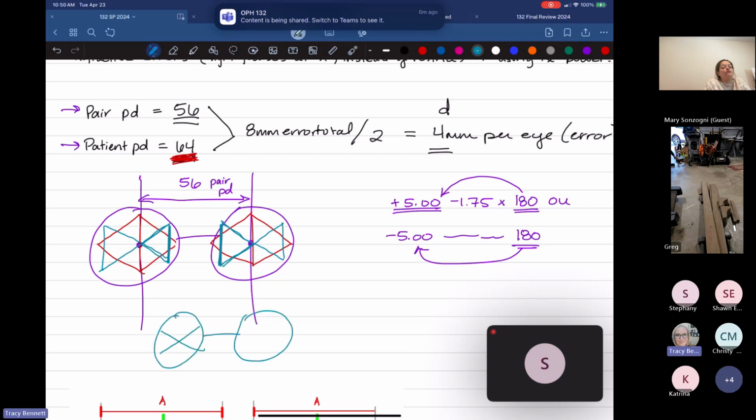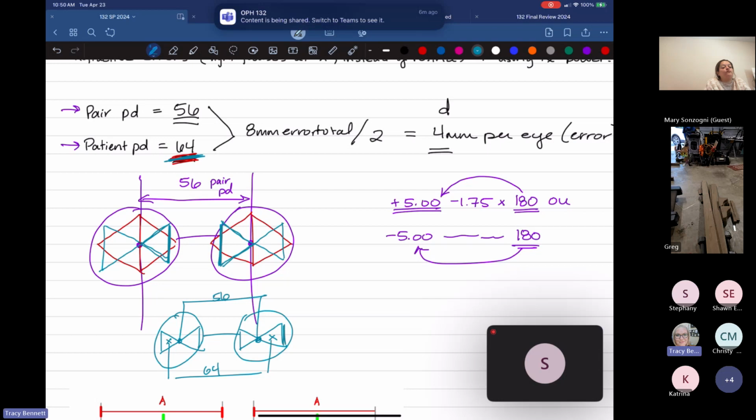So this time we got minus, okay? Here's my OCs. These OCs are at 56, and my patient's eyes are at 64, so they're out from there, right? Because if we measured from here to here, we could say that's 64.